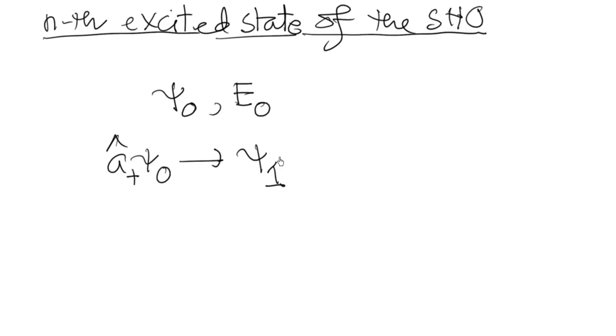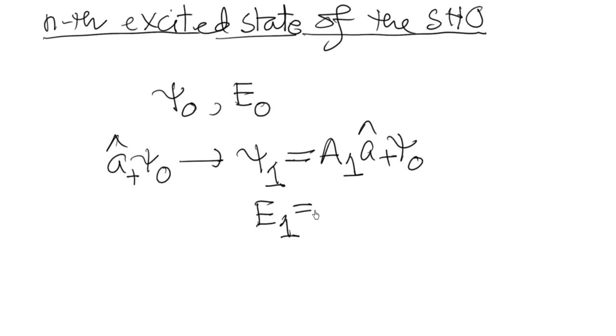If you want to make an equal sign, then you have to put a constant, say A1, times A plus psi naught, where A1 is a constant. The energy of the first excited state of the simple harmonic oscillator will be E naught plus h cut omega.